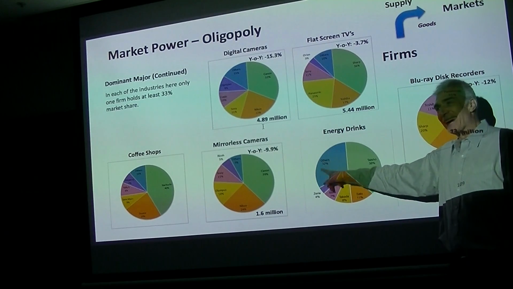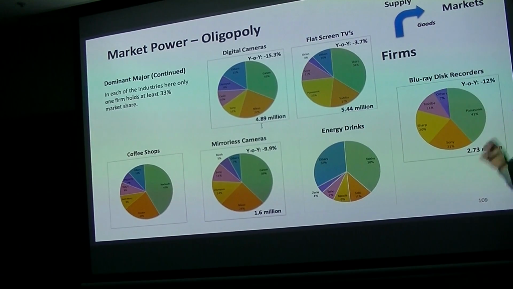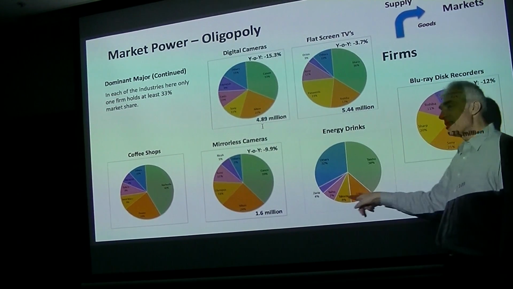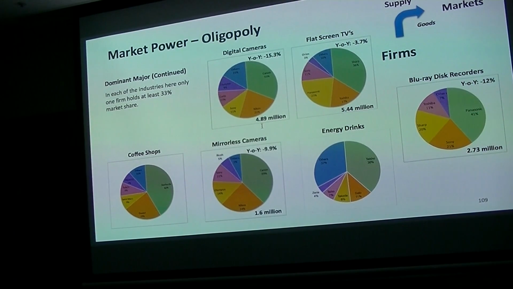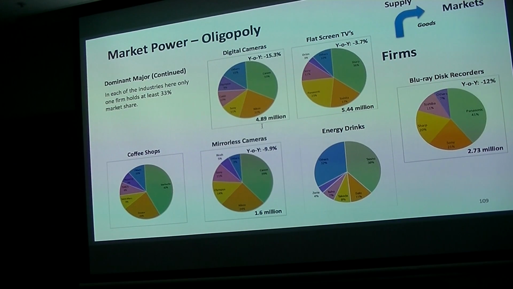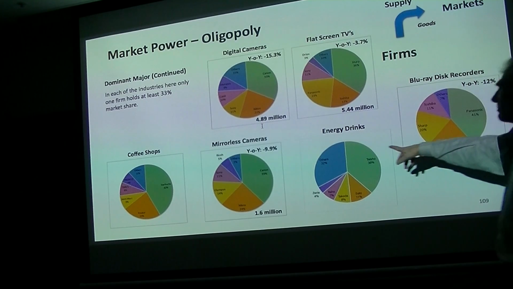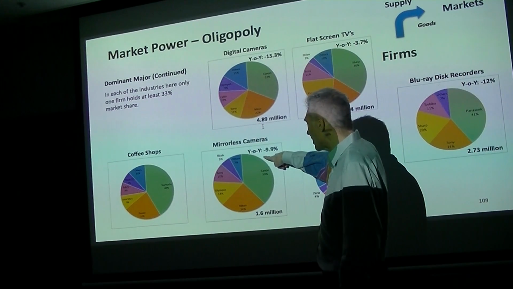I don't know why they don't break that out, but most of it's still domestic, with Taisho the one major. I think it's kind of medicine, the little things. That's probably what most people are still drinking as the energy drink rather than the foreign stuff with more liquid. Anyway, mirrorless cameras, another shrinking market.